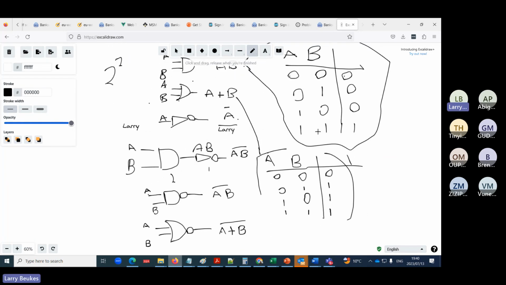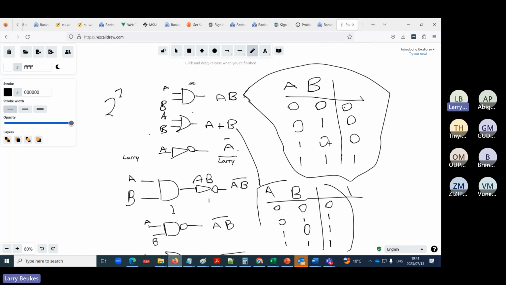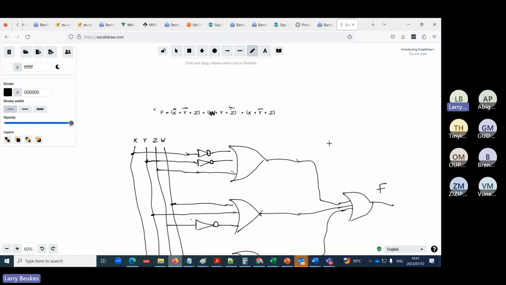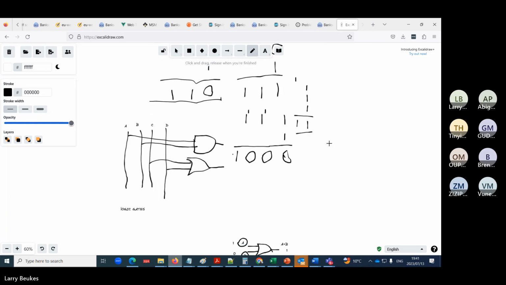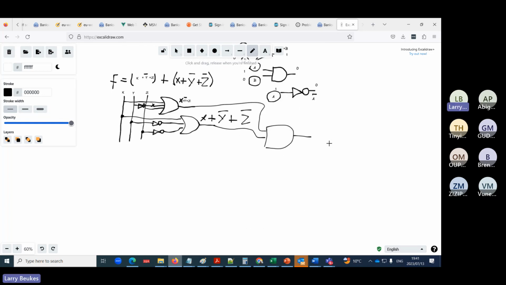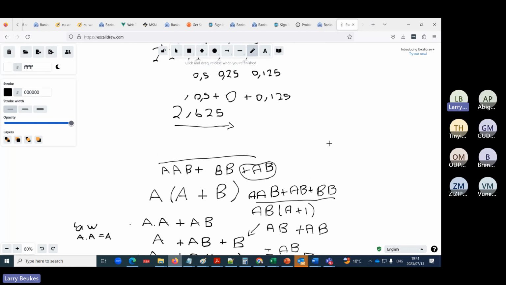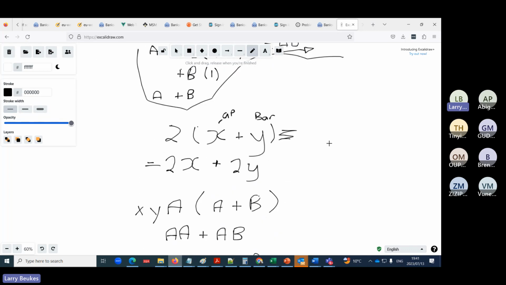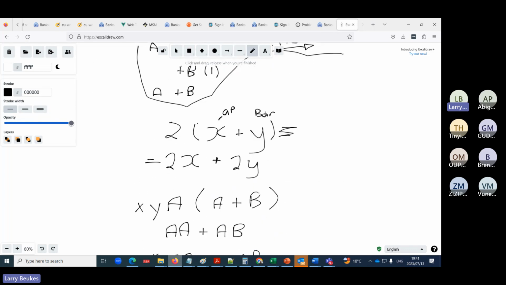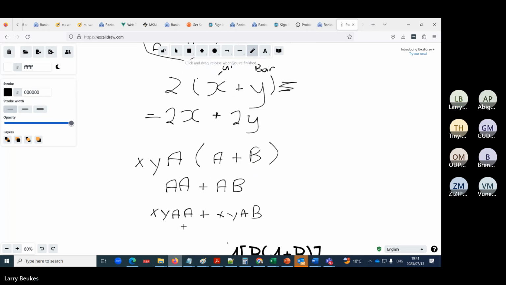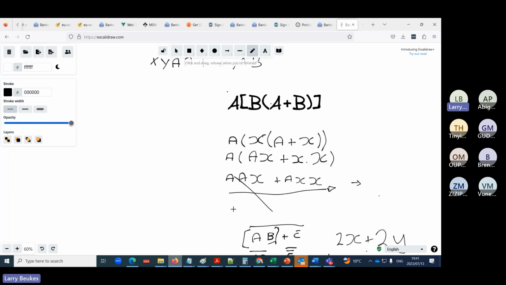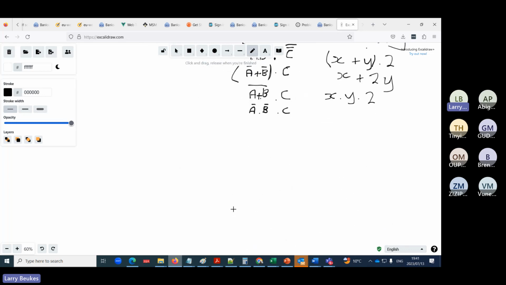We even did some truth tables. Do you get my point? So I expect you guys to know it at least. We talked about how you break, the distributive law, so you guys know it as well.